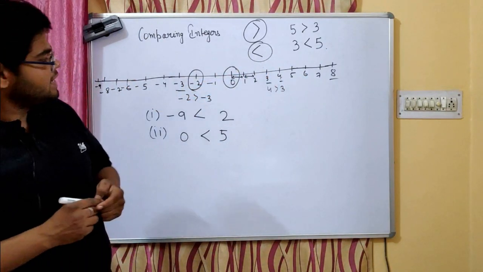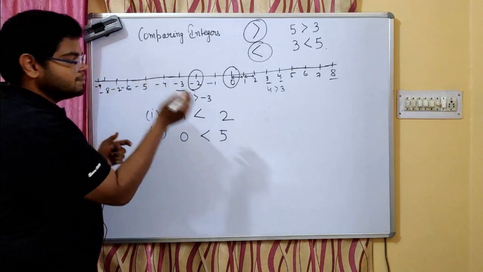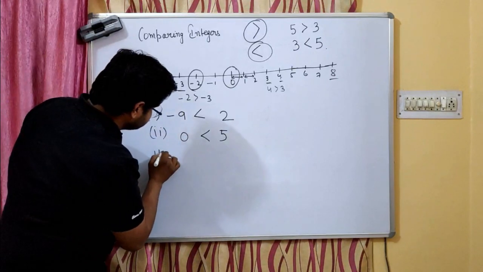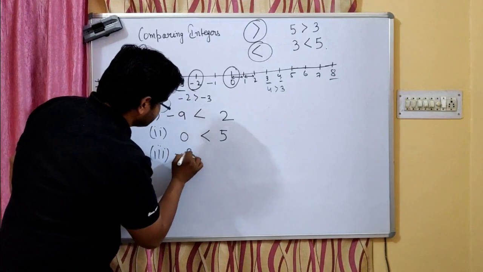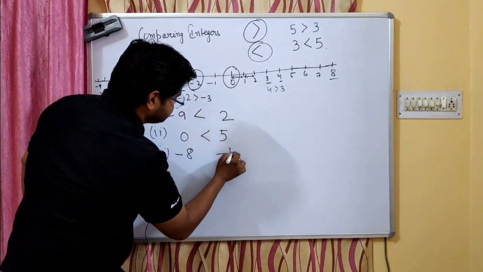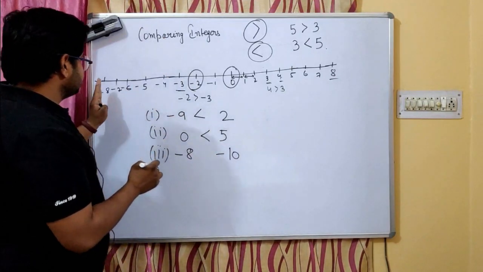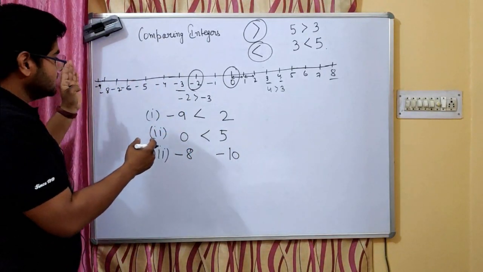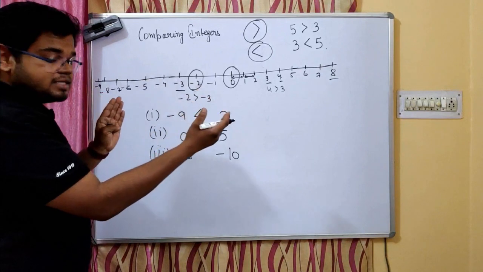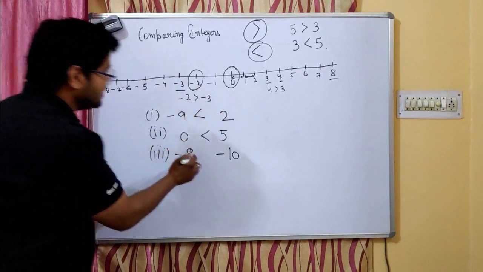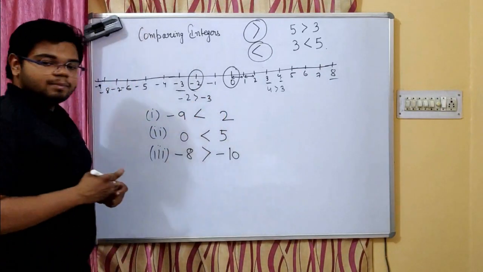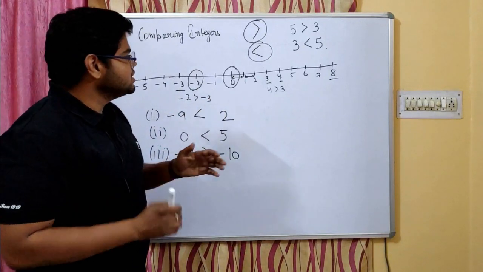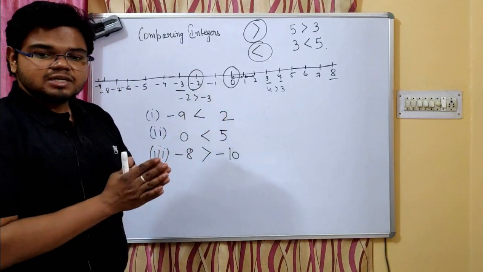-8 and -10, children. -8, -9, and after -9 we will get -10. So towards the right of -10 we have -8. So -8 is greater than -10, children. Very simple to understand. What you have to do, just look for the number.